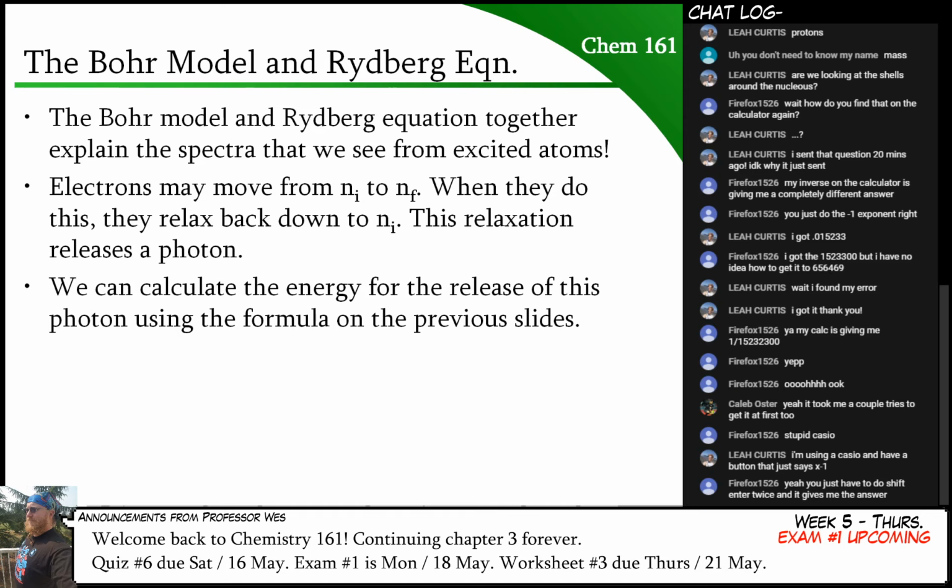Oops, that's my highlighter. So I can use the Rydberg equation to figure out this, but we also know that E equals hc over lambda, which is the same as me just saying this, right? So to figure out the energy of a photon, I just take the Rydberg equation and times it by hc.